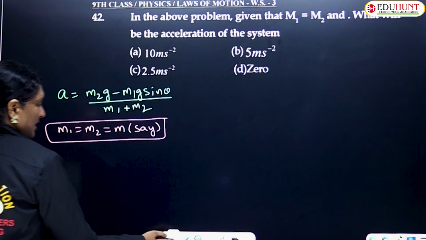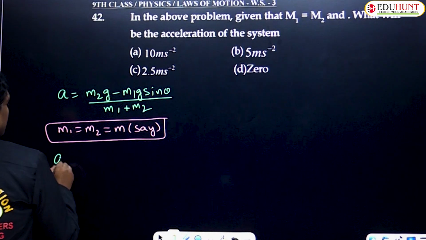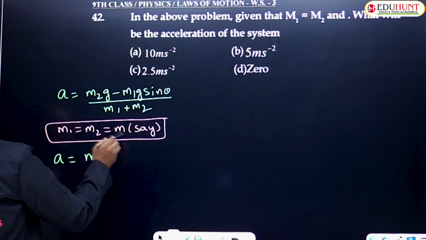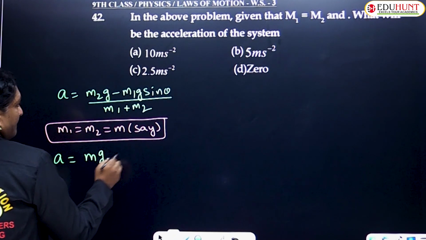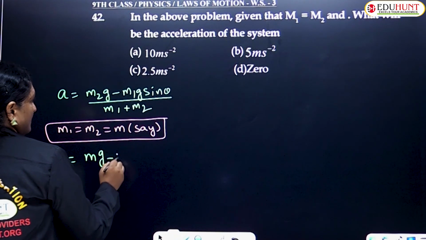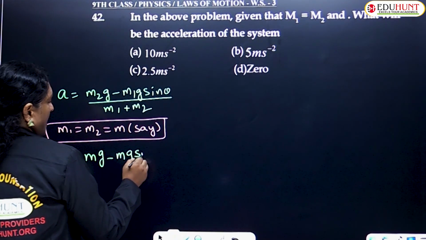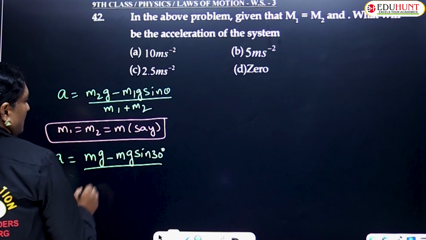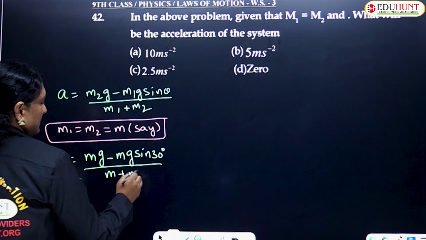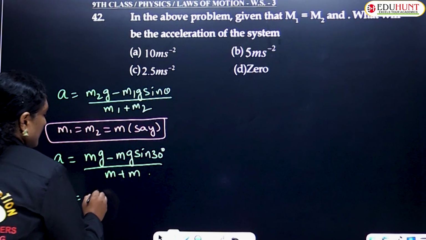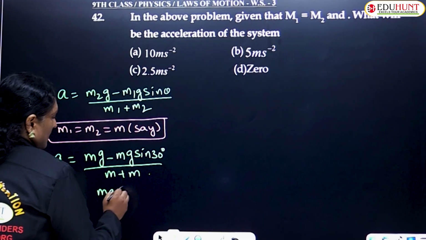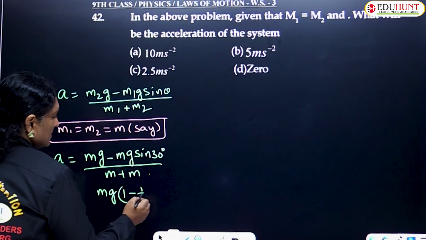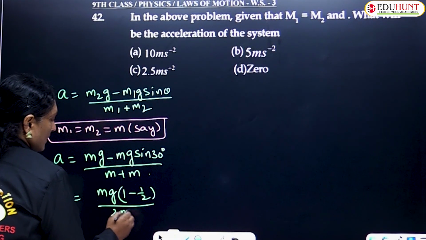So substituting in the above equation, we have a is equal to, instead of m2, I'll write it as m only, g minus, again m1 also replaced with m, g sine theta. Sine theta is nothing but sine 30 degrees, whole upon m plus m. So a can be written as mg common. Mg common means 1 minus, sine 30 is 1 by 2, whole upon 2m.